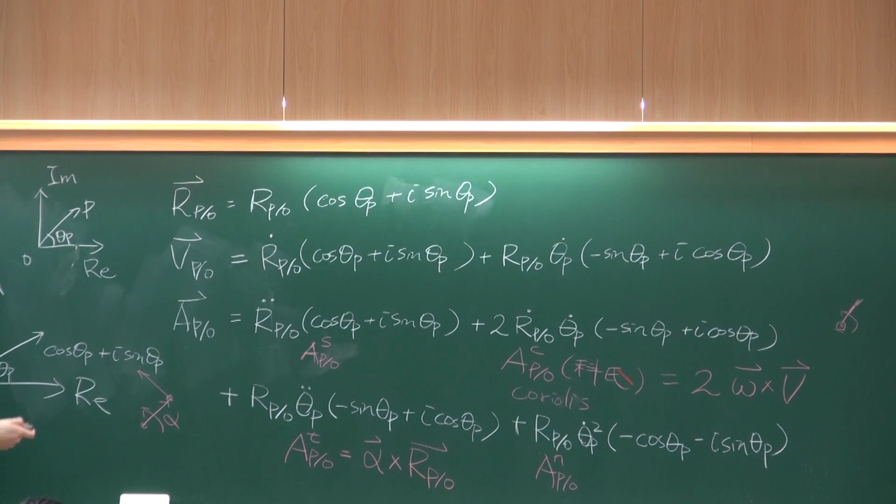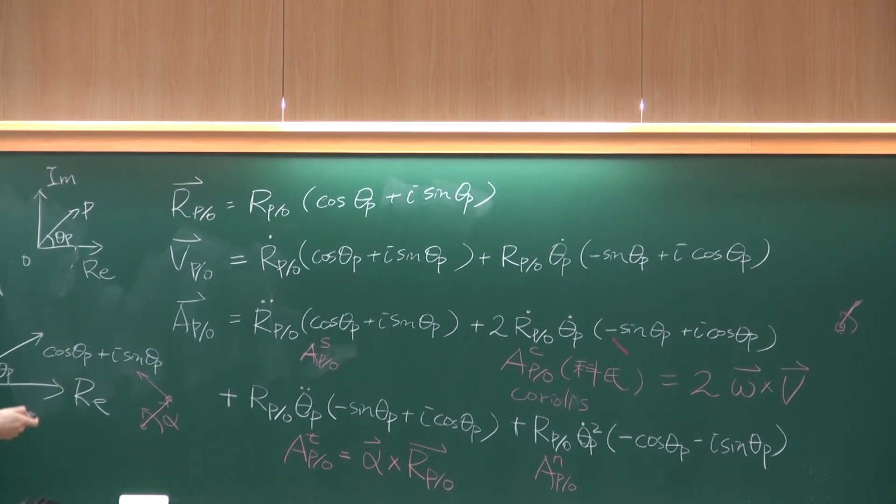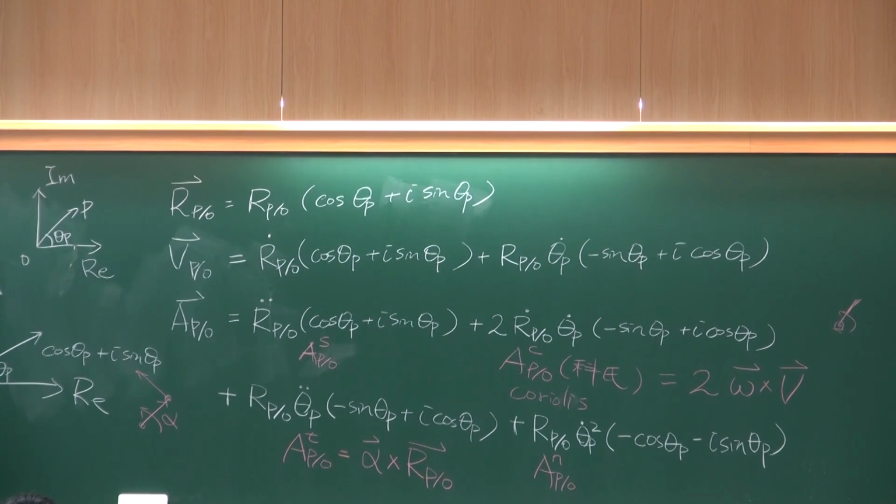And if you compare this one with the original one, basically the difference between them is that if one is pointing to the left, the other one is pointing in the opposite direction. So this component is always pointing in the reverse direction of this one.